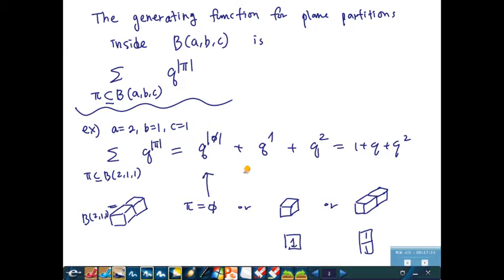Okay, now we know this definition, the generating function for plane partitions. The thing is, it also has a very nice product formula. That's called MacMahon's box theorem. Those of you who have seen the movie The Man Who Knew Infinity, it was a movie about Ramanujan.